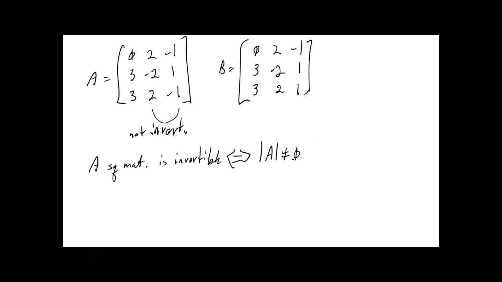Okay? If the determinant is equal to 0, not invertible. If the determinant is not equal to 0, it is invertible. So, to better answer the question, we could do a row or column reduction of matrix B and see what the determinant is.